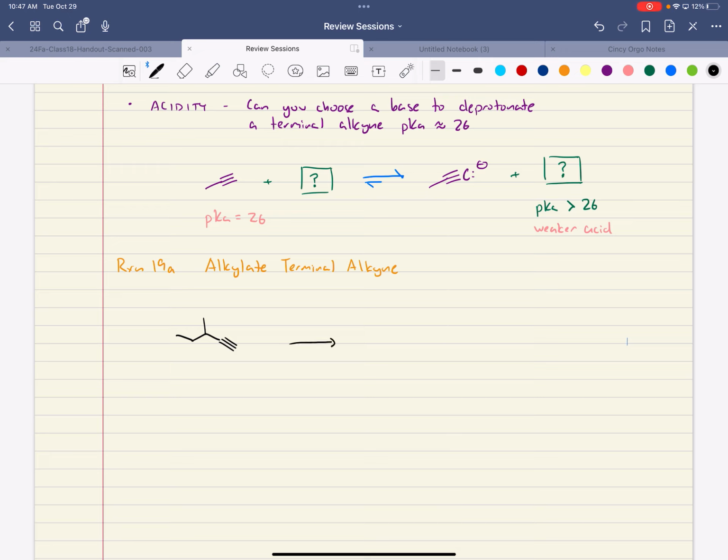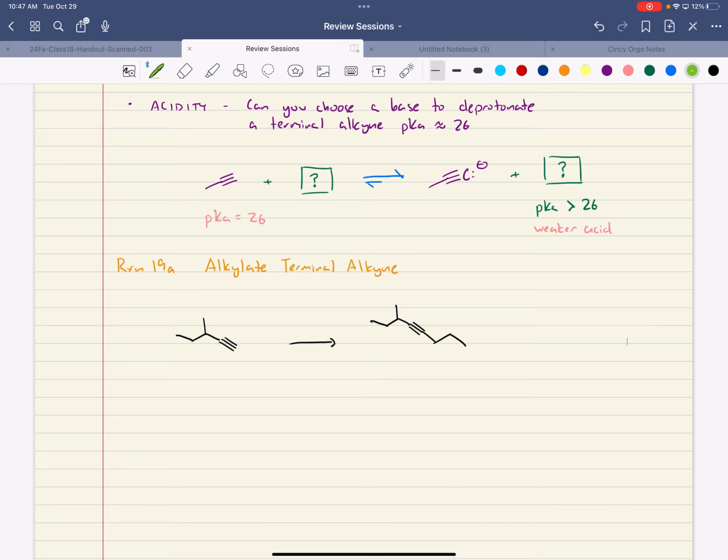How about this? Instead of me giving you the reagent, what if this is my target? How do I make that? And so what you want to do is you want to identify what bond was made.